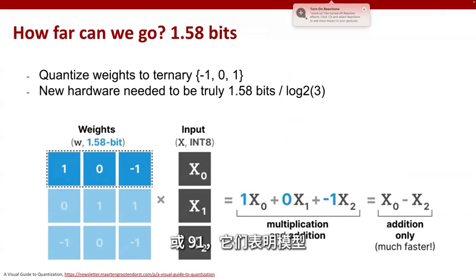They show that the model quantized to 1.58 bits has essentially very similar performance to the original model. But to run a model with 1.58 bits, you actually need new hardware. The current GPU hardware is not able to handle such small quantization efficiently.